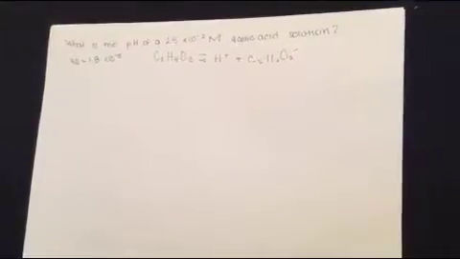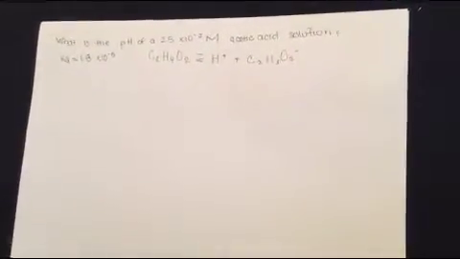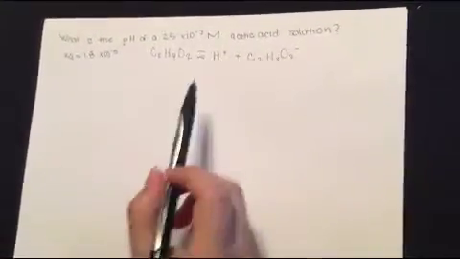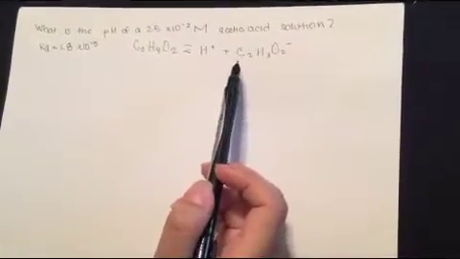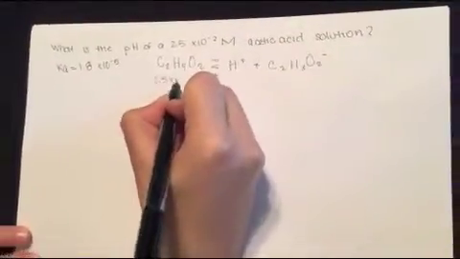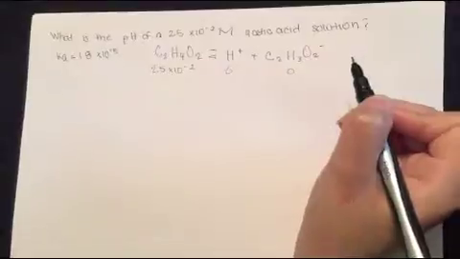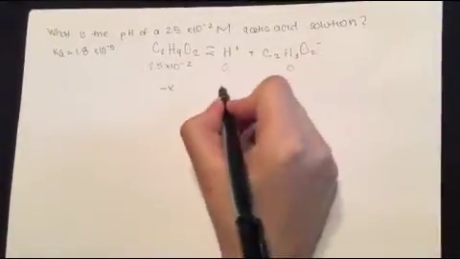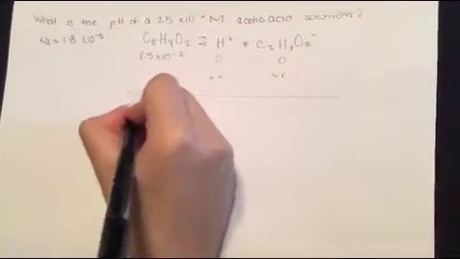What is the pH of a 2.5 times 10 to the negative 2 molar acetic acid solution? They give you a Ka of 1.8 times 10 to the negative 5. So this is your equation, and you know that you have 2.5 times 10 to the negative 2 and 0. And then you do your ICE table. So you know what this is going to be.